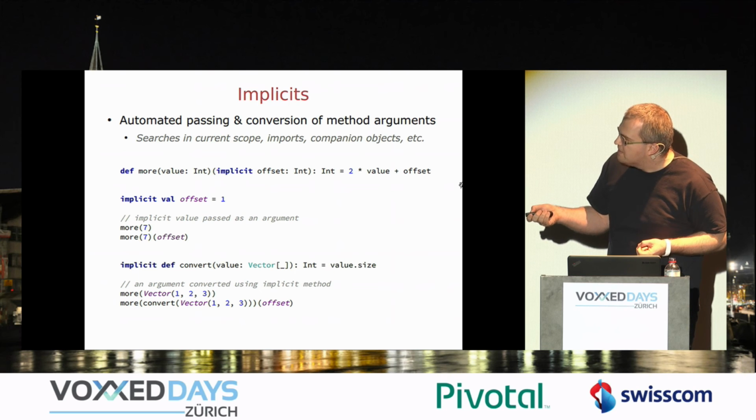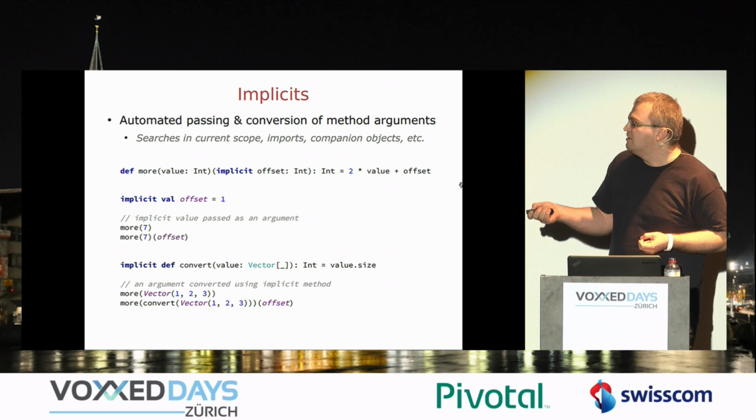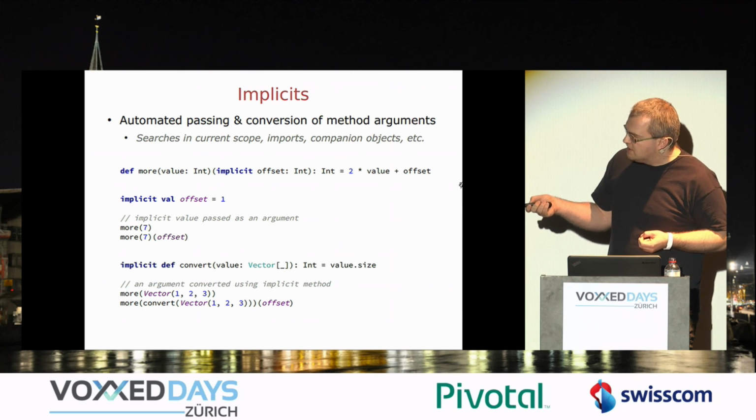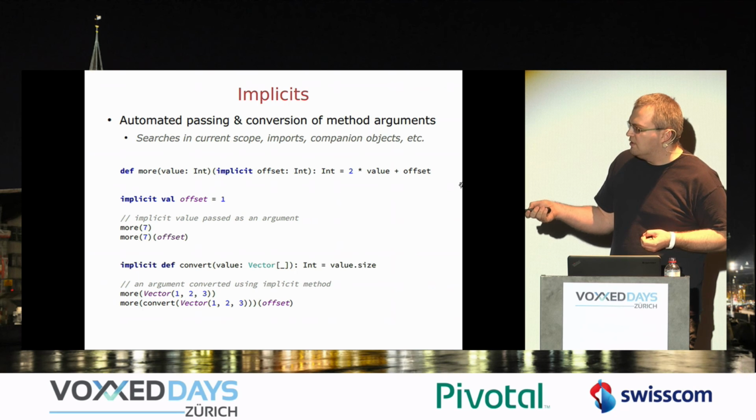As you can see here, you can just call the more method with a vector, and it will find this conversion function. Oh, this is a vector, I can produce an int. So in reality, it will first find the converter, convert the vector, insert the converted argument of the correct type, and then also insert the other implicit value, by the way.